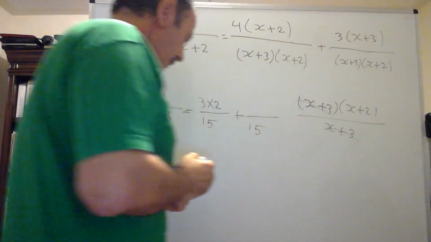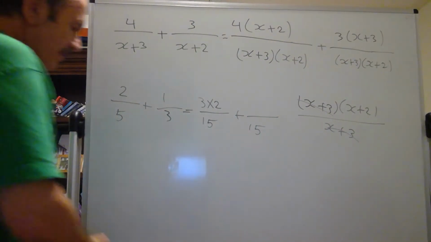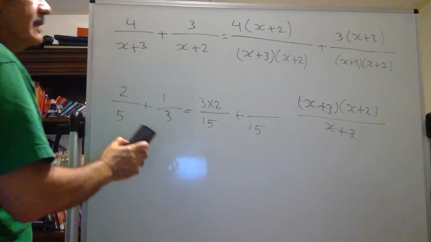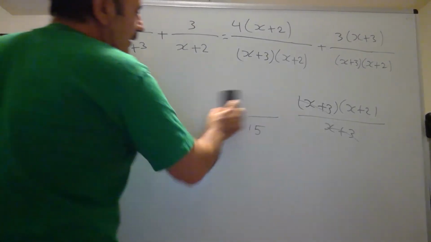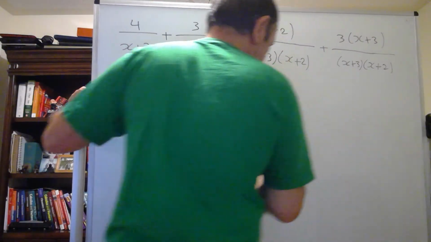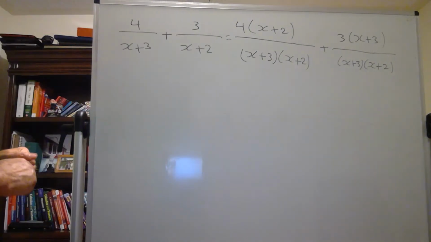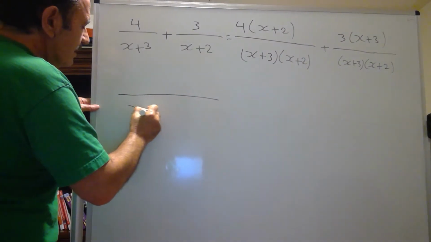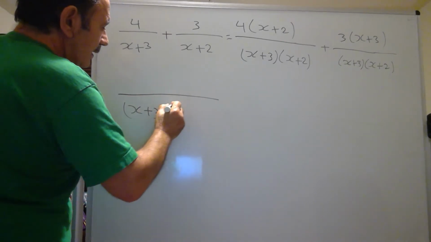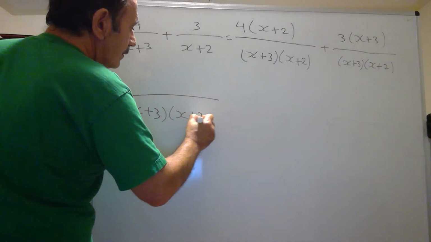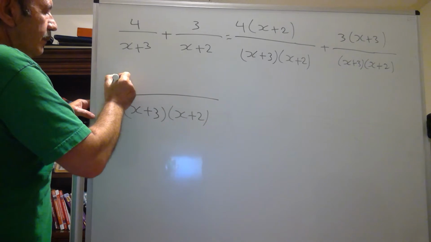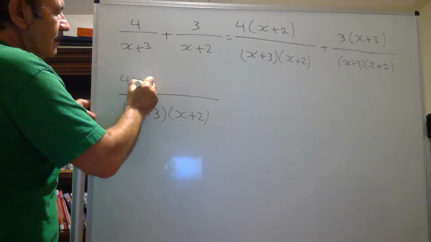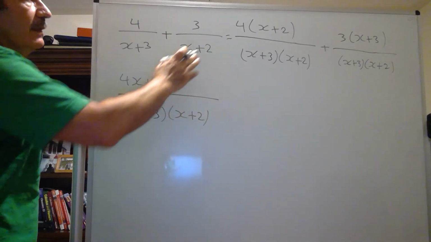Okay. Now we have the same denominator. Just write the same denominator and simplify. So is x plus 3 x plus 2. For the top is 4x plus 8.